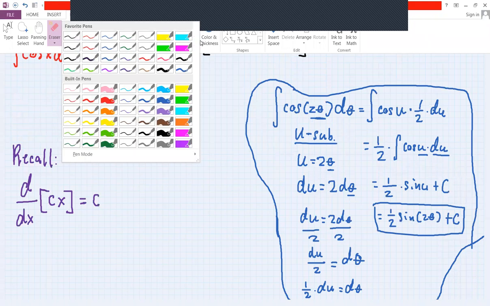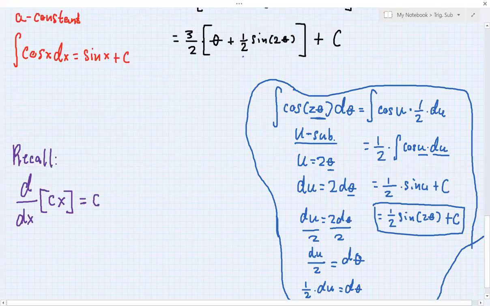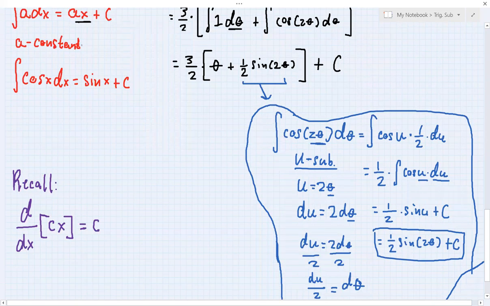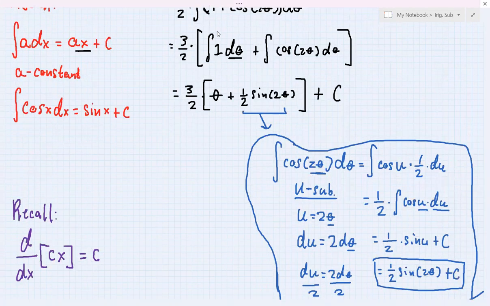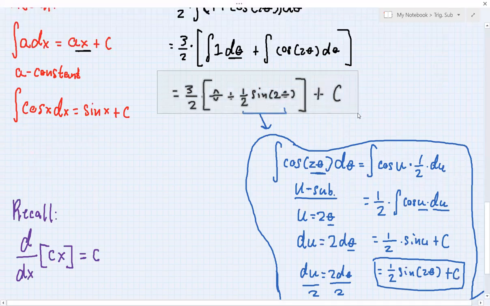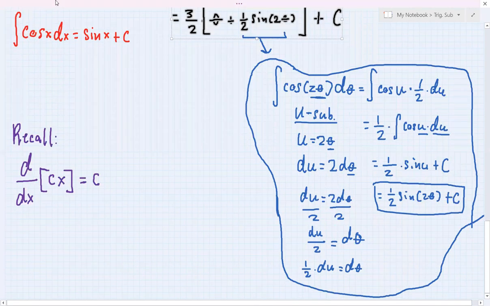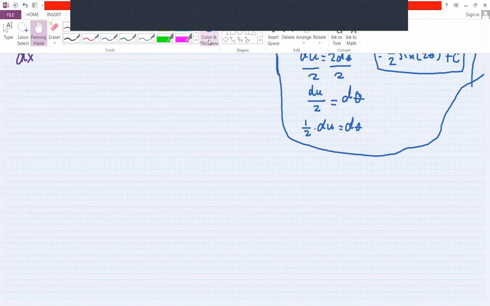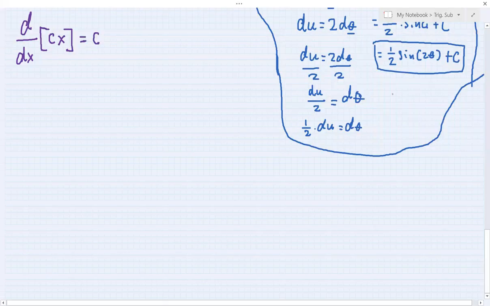Ayan na. So here's the thing. Are we done? Nope, hindi pa tayo tapos. Like totally, hindi pa talaga. So do you know why hindi pa tayo tapos? Because meron pa tayong gagawin.